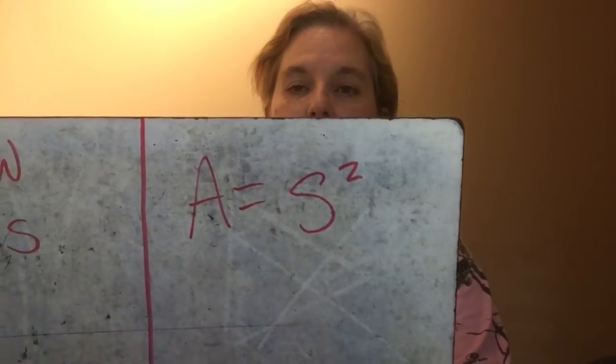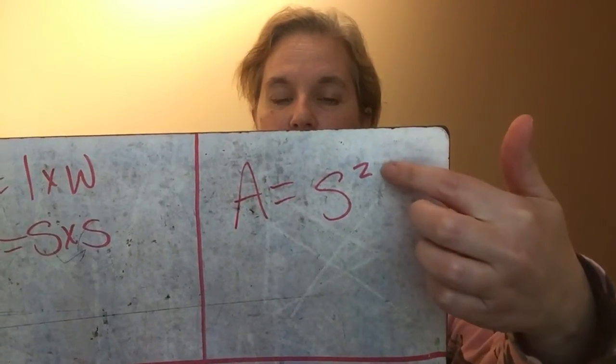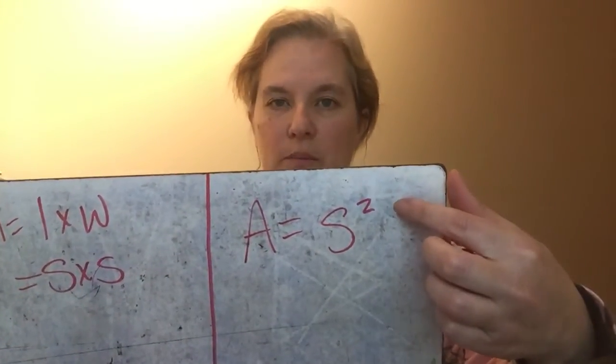Now, the reason that is important is because of the way you're going to see this written. You're more often going to see it written like this, and it's in your book. A equals S with a tiny little 2 floating up at the top, like where an apostrophe would be. Well, you got a 2, and that's called squared.